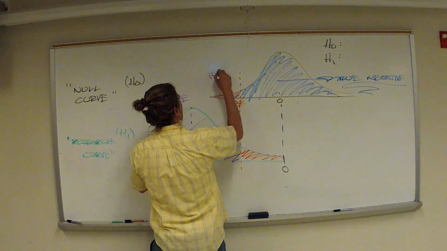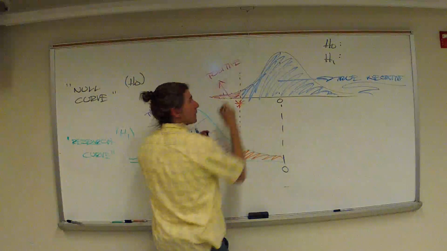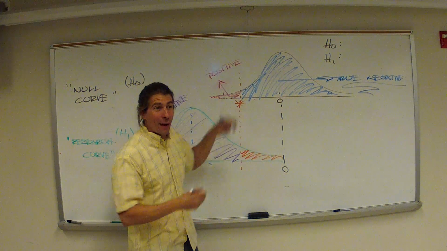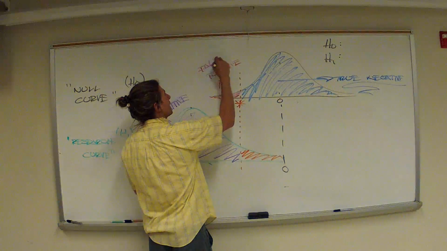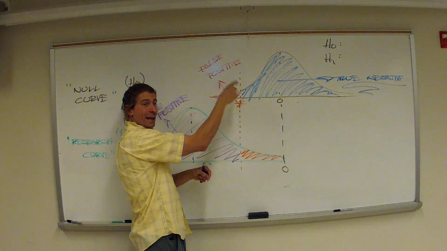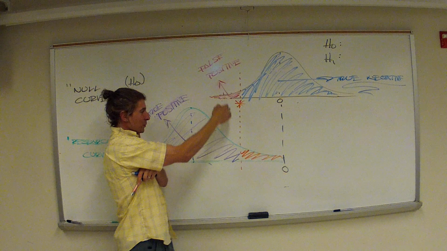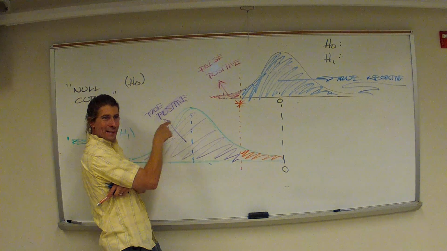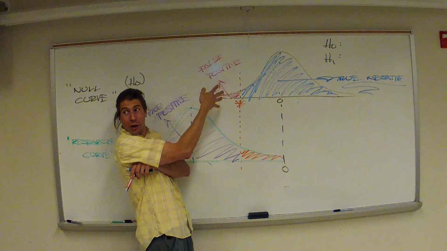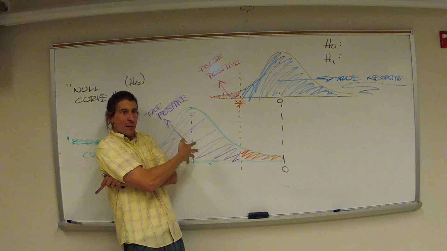But if we're wrong, if we should be on this curve and we have a positive, that's a false positive, isn't it? If we're supposed to be on this curve, it's a true positive. You see what I'm saying?